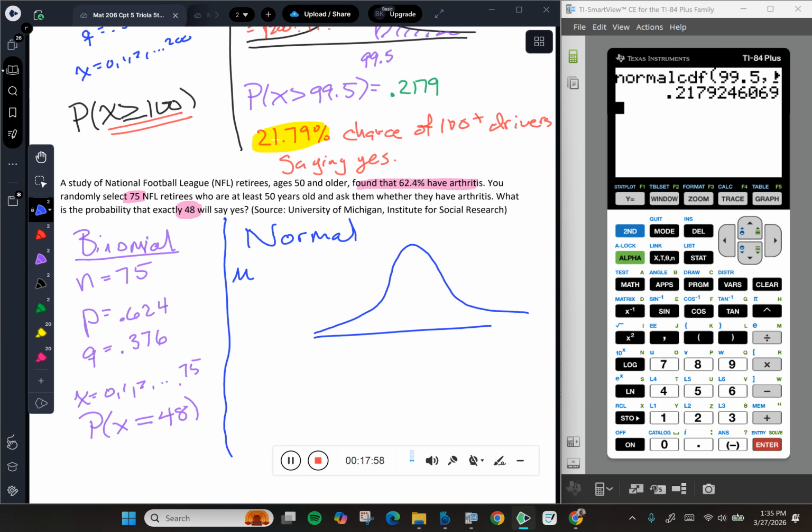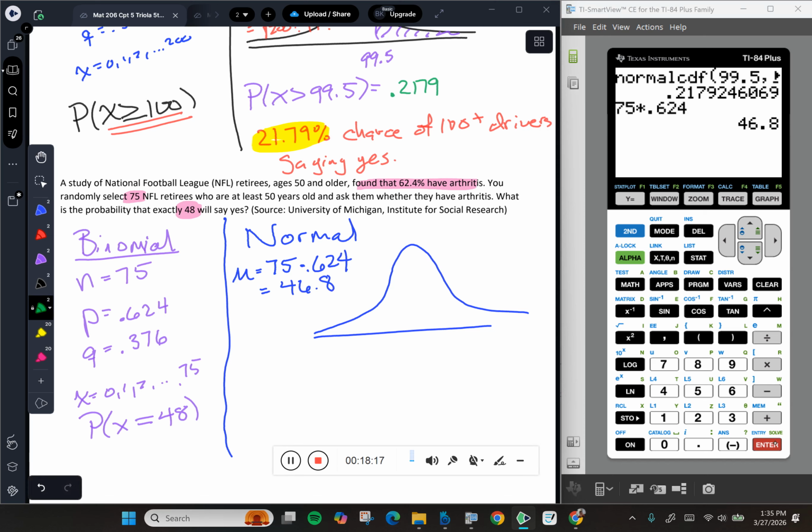Our mean, n times p, so 75 times 0.624. We're looking at 46.8.